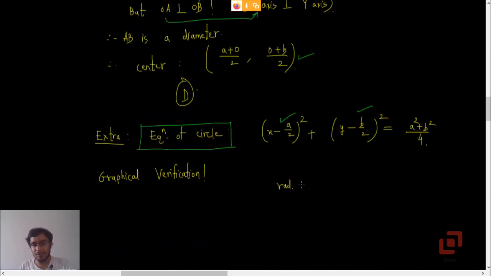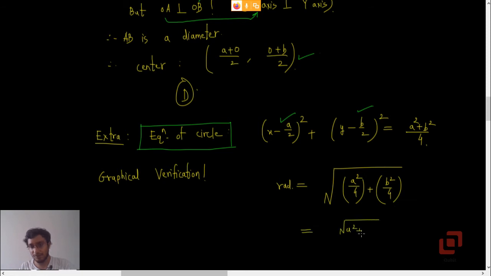then the radius of the circle will turn out to be root of a squared by 4 plus b squared by 4. Okay, or it will be root of a squared plus b squared divided by 2. If you square it, then you will get a squared plus b squared divided by 4.